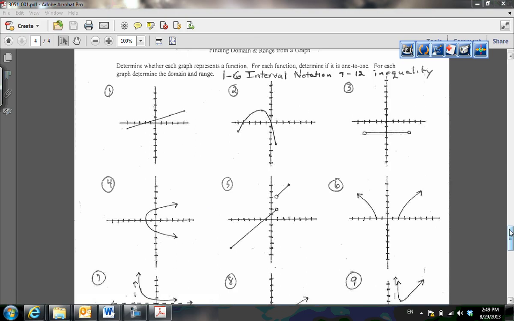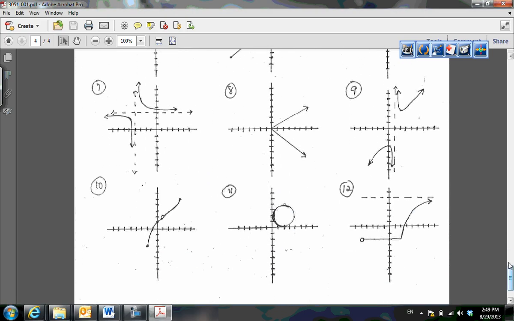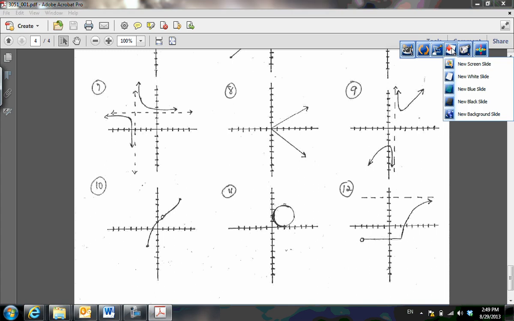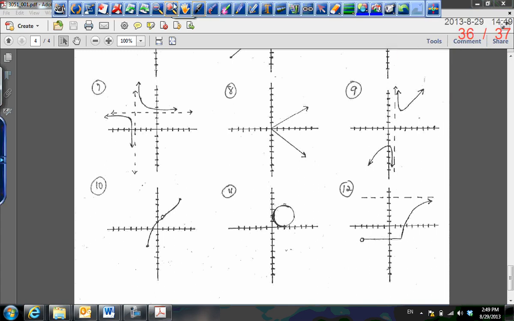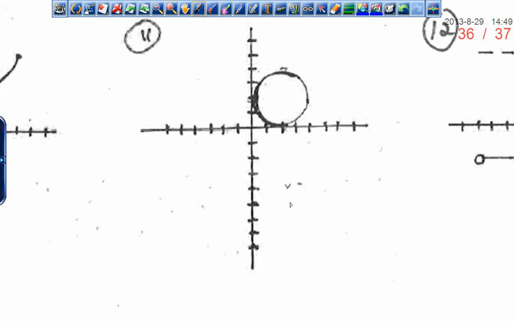Last 6, what you want? 11. 11 it is. That's been a very popular one today, and I don't really know why, but it's a weird circle. Alright, domain. Where does the graph of my circle begin? Starts at 0, right?